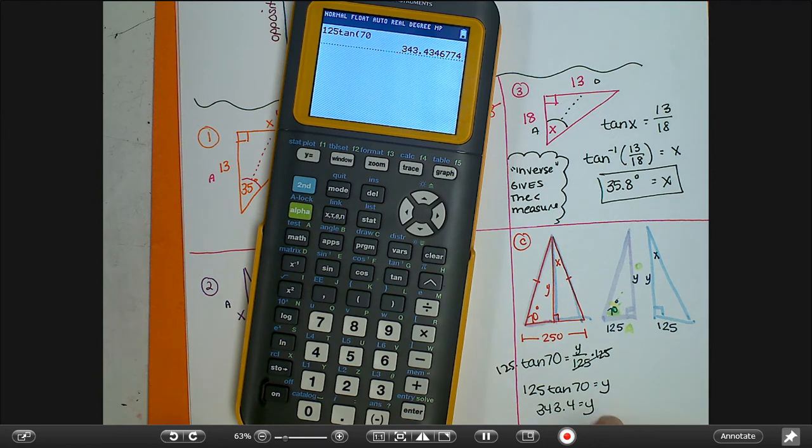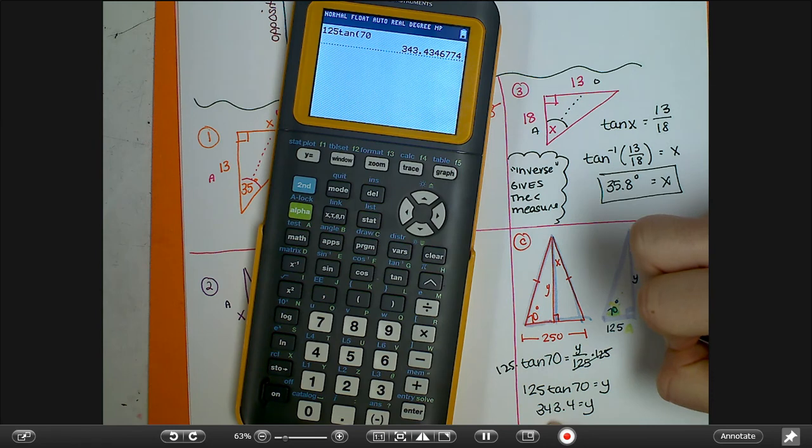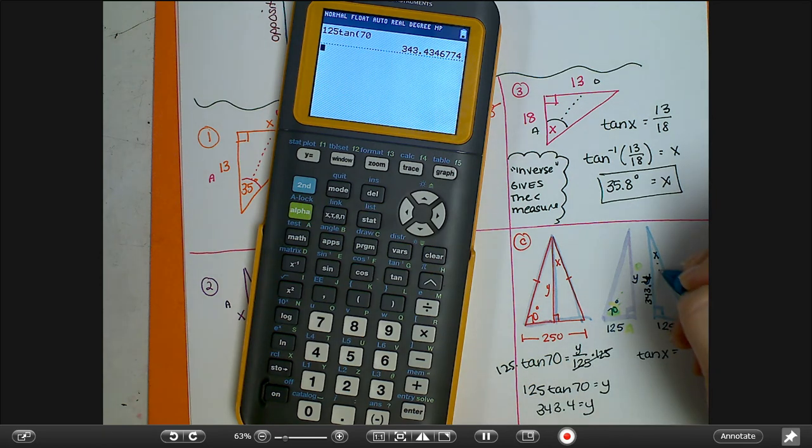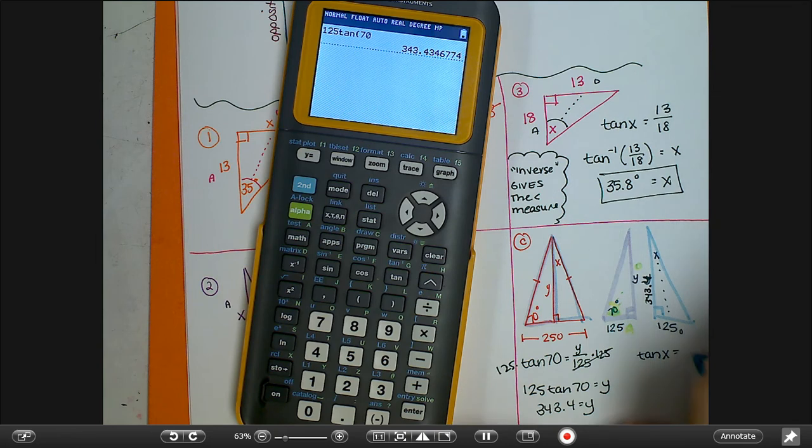Okay, so now that we know that the height is 343.4, we know that this side here is 343.4. Now we have enough information to figure out x. So tangent of x equals opposite 125 over adjacent 343.4.